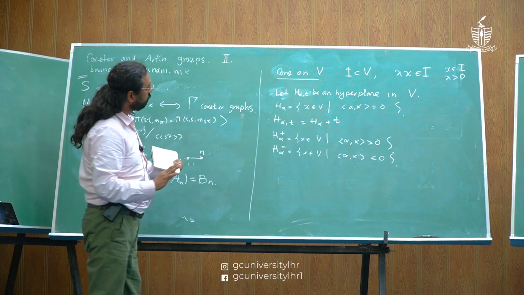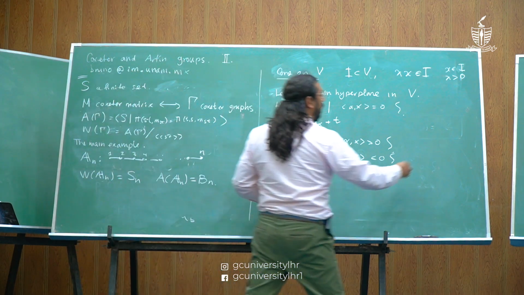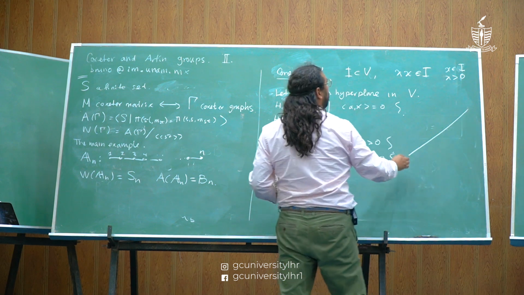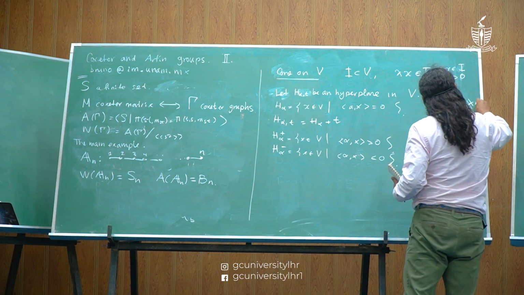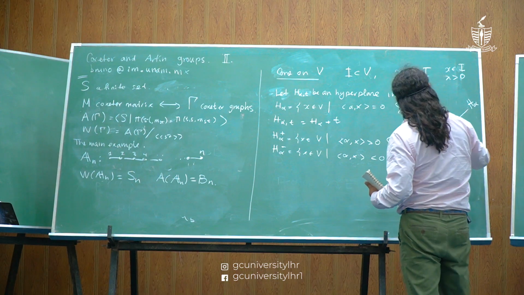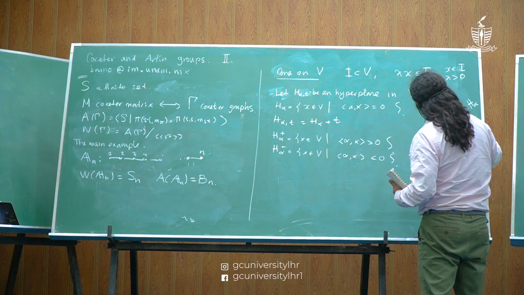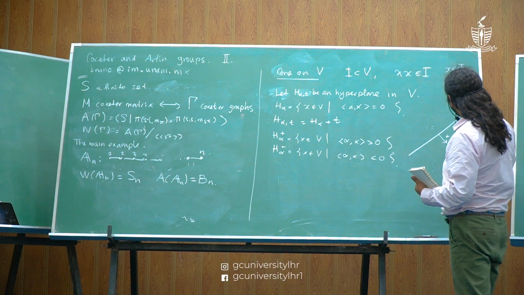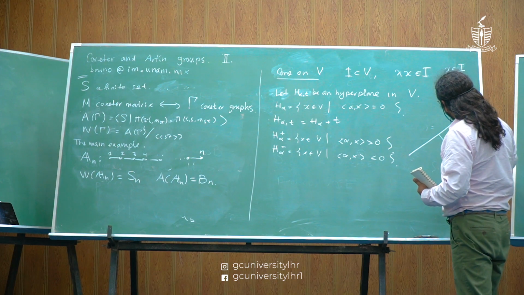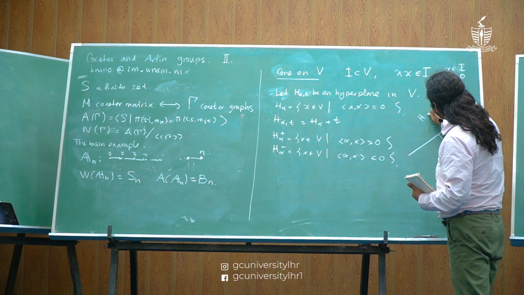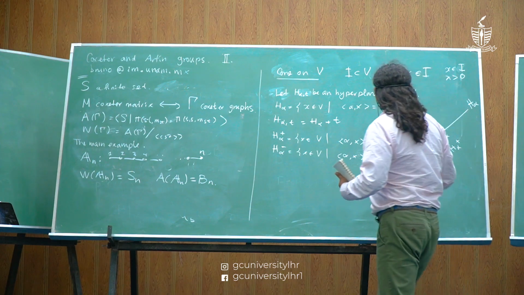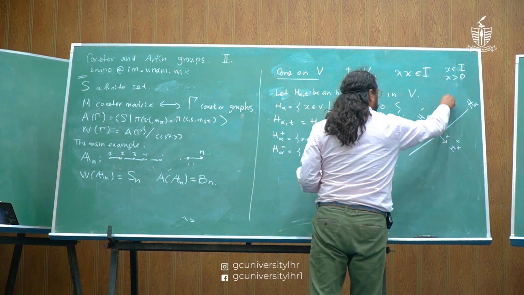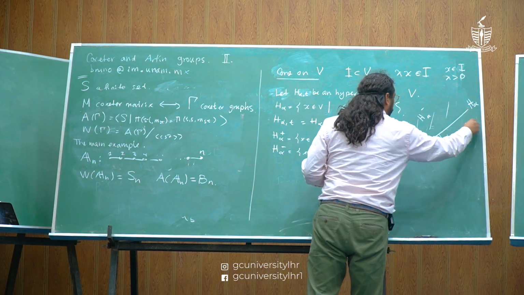Okay. So far so good. What I'm just saying is that I have this hyperplane, and if this is alpha, then this will be H alpha positive, and this will be H alpha negative, right? And it is divided in two parts.